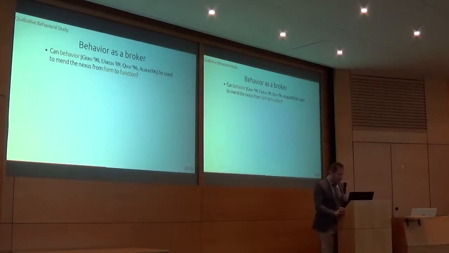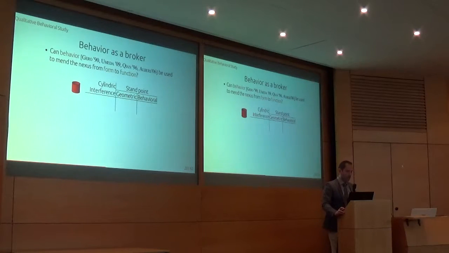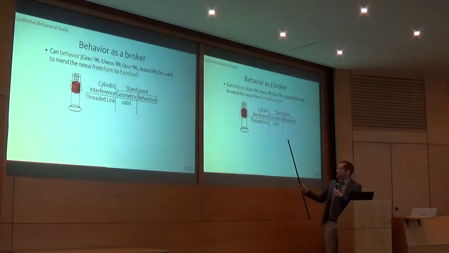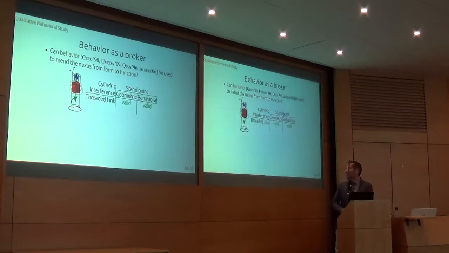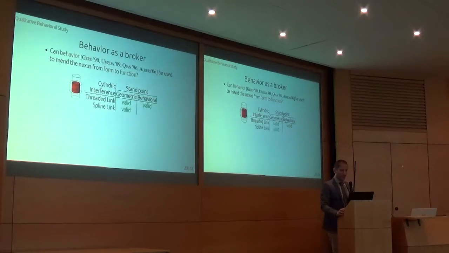To illustrate this possibility, we come back to the example of a cylindrical interference. The interpretation of threaded link is valid both from a geometric and behavioral standpoint. The alternative, which is the spline link, even though valid from a geometric standpoint, is not from a mechanical behavior point of view. That would mean that forces actually cannot be balanced using this interpretation.